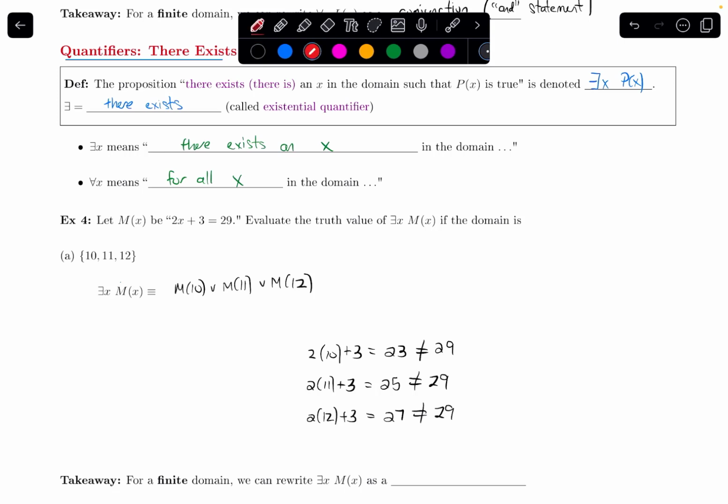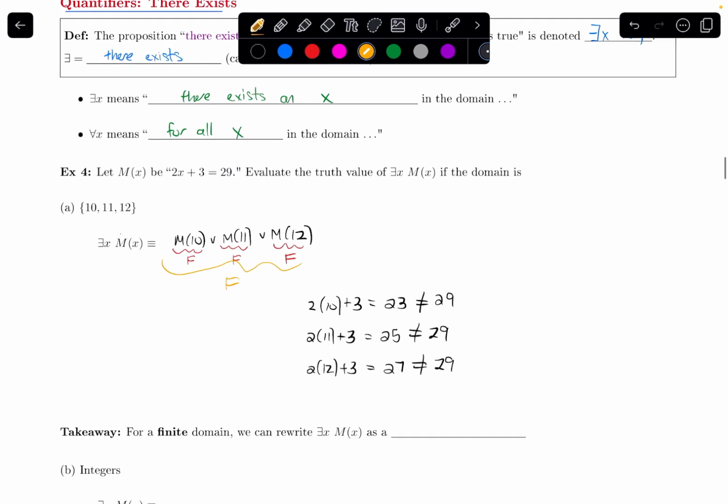Okay, so does there exist an x such that m of x is true? Well, no, because none of these x values in my domain worked. I could also see that from my or statement, because 10 didn't work, so this was false. 11 didn't work. 12 didn't work. And if every part of an or statement is false, that makes the whole or statement be false. The whole thing is false.